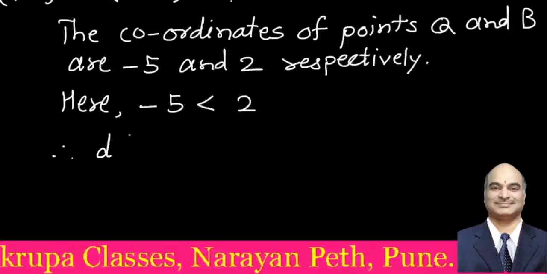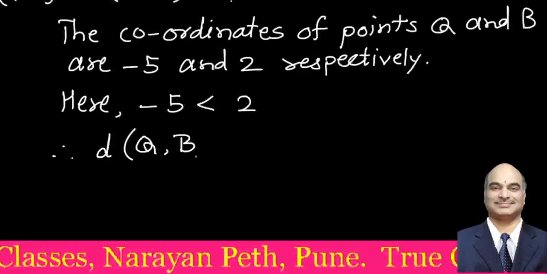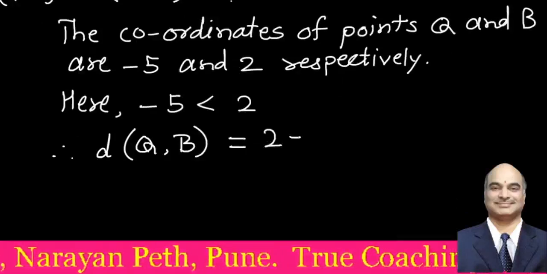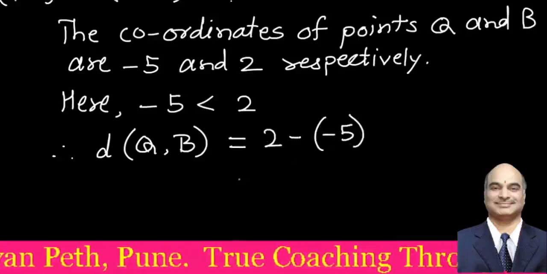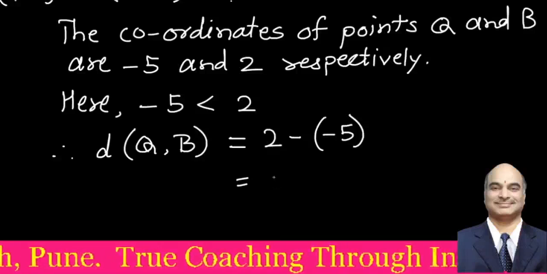Therefore, to find the distance between points Q and B, you have to subtract the smaller number from the greater number. Now the smaller is negative, so we have to put that number in brackets.